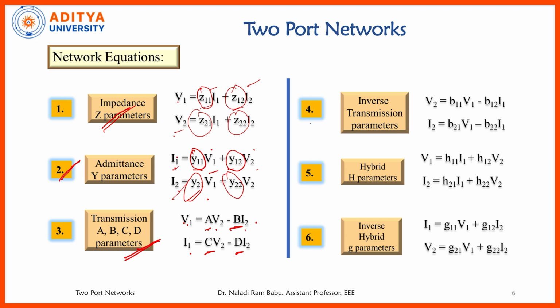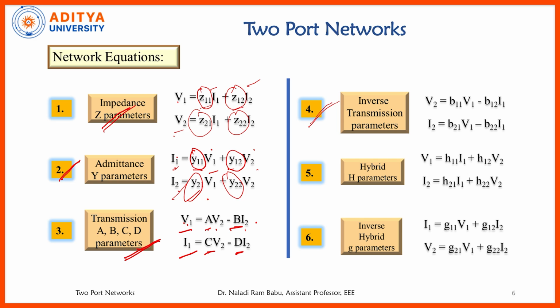Now coming to the fourth type of network, that is inverse transmission line parameters. This will be the inverse of the transmission line parameters. For transmission line parameters, V1 and I1 are the input side and the equation starts with V1, I1, whereas in inverse transmission it will be V2 and I2.